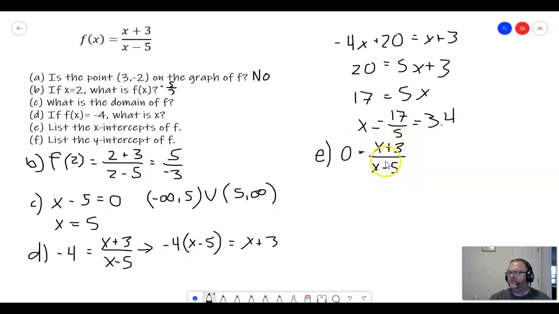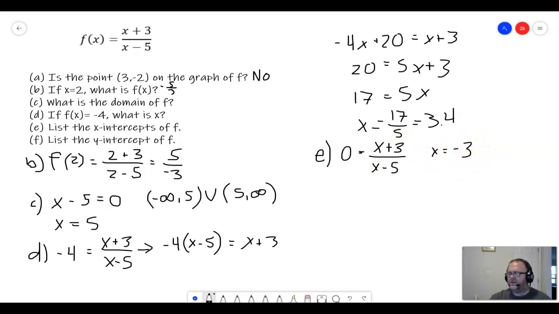Remember, the only way this fraction is going to be equal to 0 is when we have a 0 on top and a non-zero on the bottom, because if you have a 0 on the bottom, the function is undefined. So really I can just look at the top of this. So x is equal to negative 3 is our solution there.